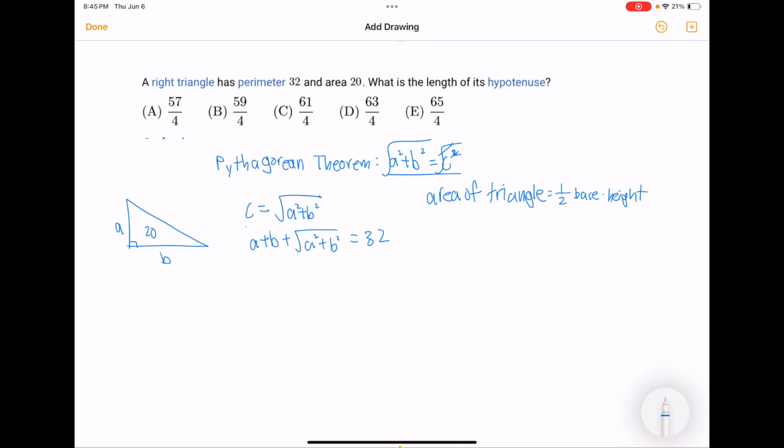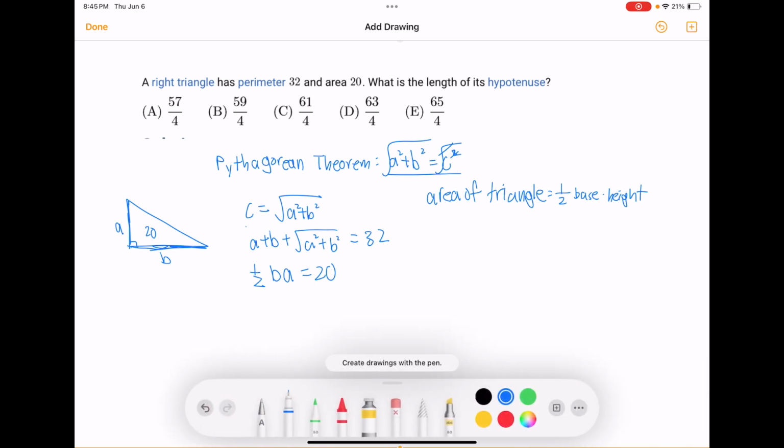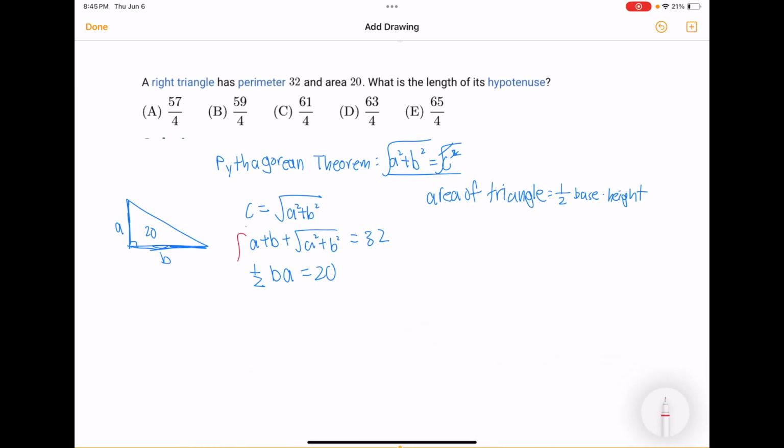In this case, the base is equal to b, and the height is equal to a. And this is equal to the area, which is 20.